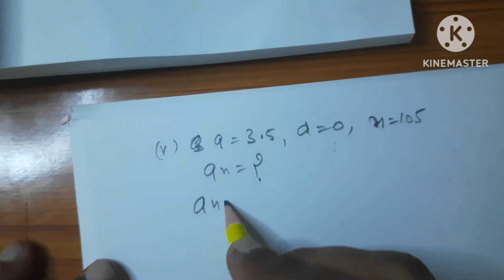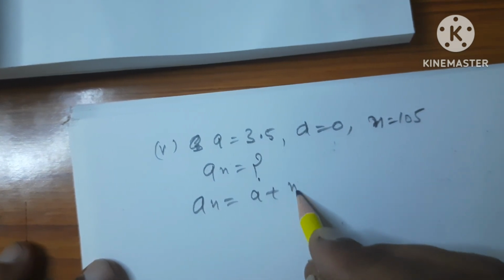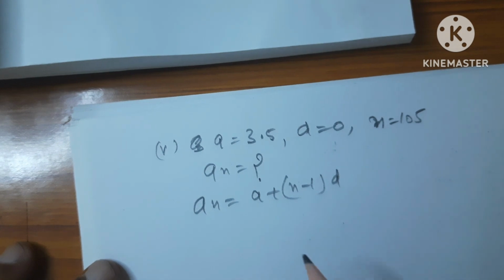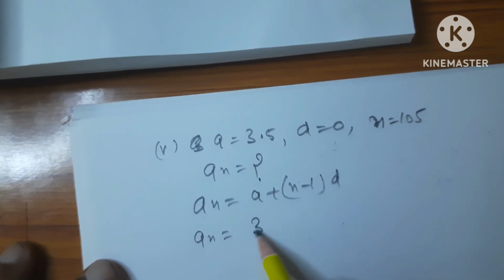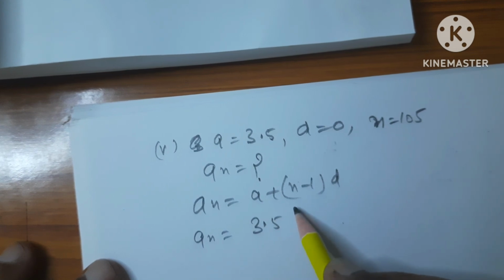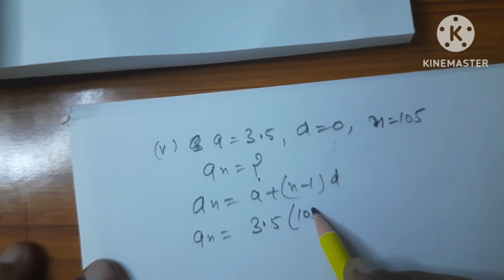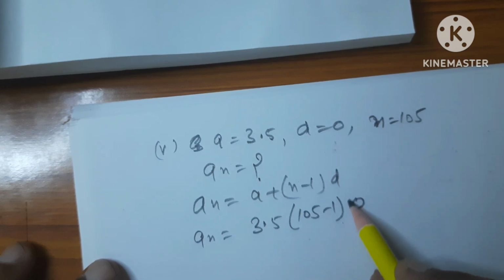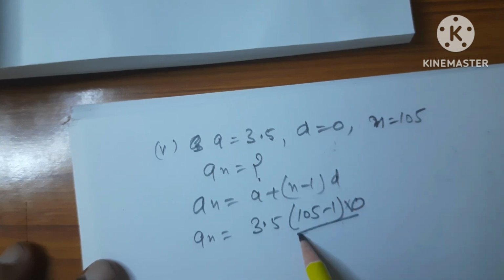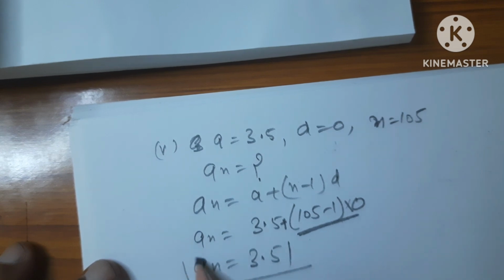So formula is an is equal to a plus n minus 1 into d. A is 3.5 and n is equal to 105 minus 1, d is 0. So when you are multiplying any number with 0, this whole becomes 0. That means an is equal to 3.5. That's all.